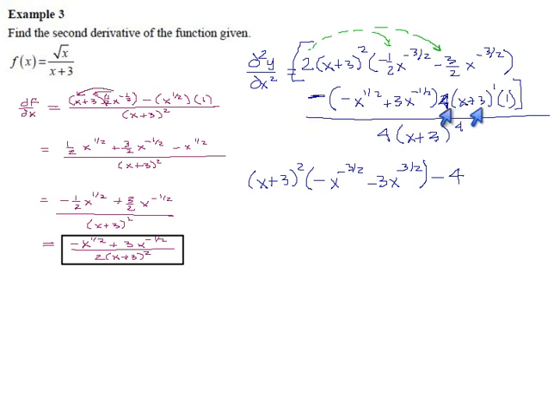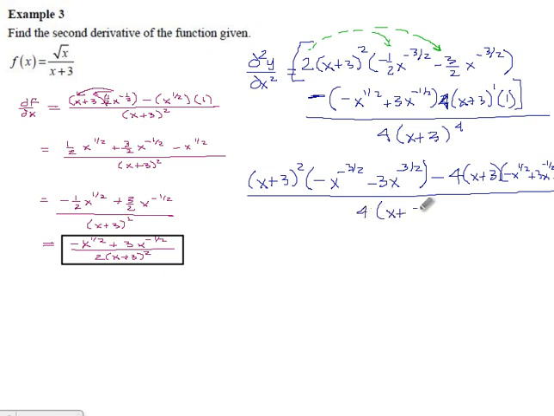There's the minus, there's the 4. We have an x plus 3. And then we have this piece, which I hope I can write small enough. Minus x to the half, and plus 3x to the minus 1 half. And all that is over 4 times x plus 3 to the 4th.